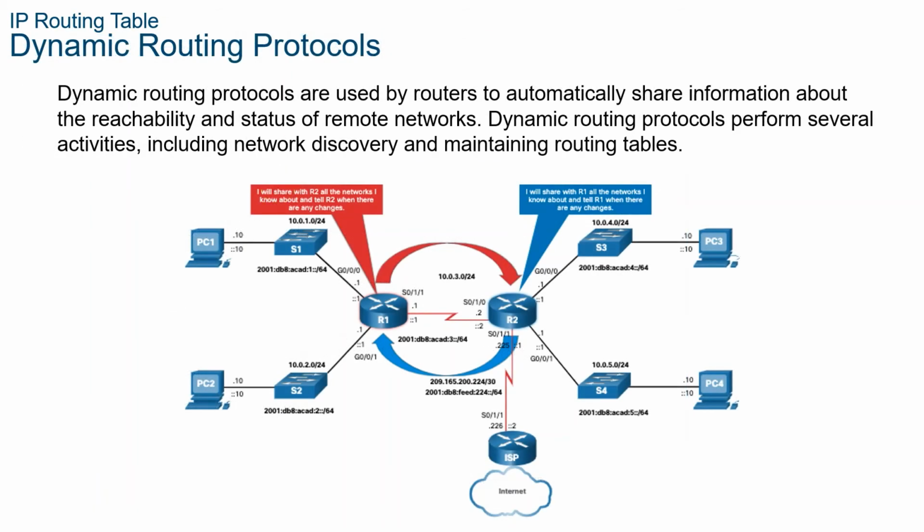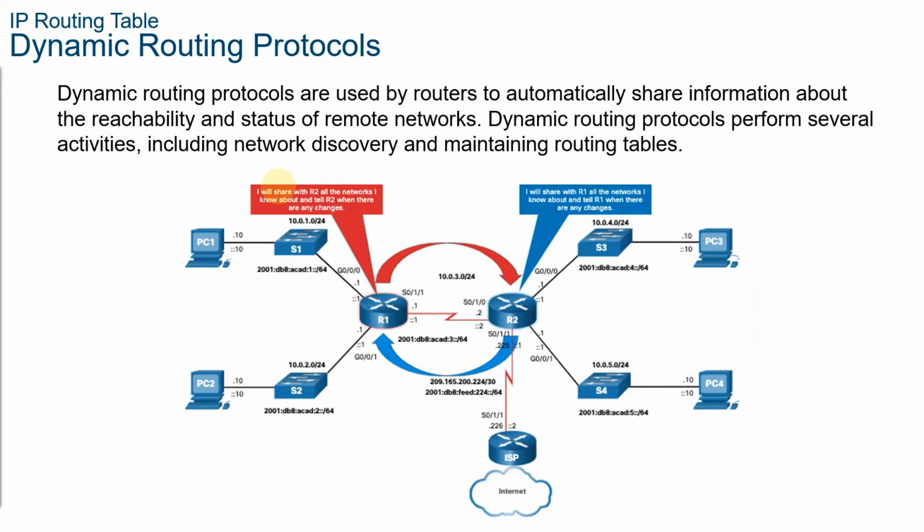Okay, so how about dynamic routing protocols? Dynamic routing protocols are used by routers to automatically share information about the reachability and status of remote networks. They perform several activities, including network discovery and maintaining routing tables.